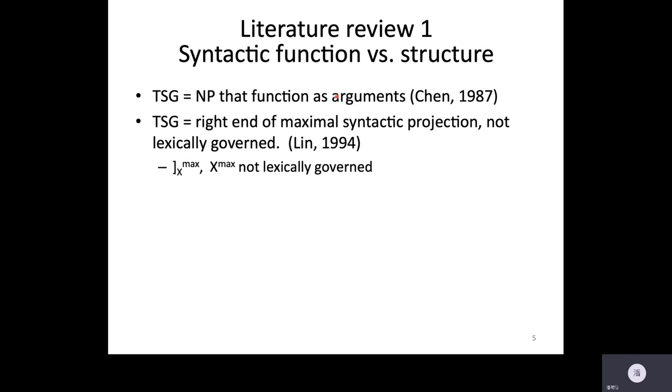From a syntactic functional perspective, an XP domain that functions as an argument corresponds to the tone Sandhi group domain. However, from a syntactic structure point of view, the tone Sandhi group domain corresponds to the maximal syntactic projection that is not lexically governed.